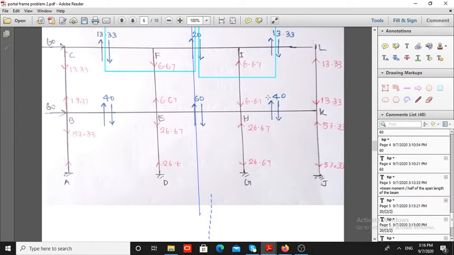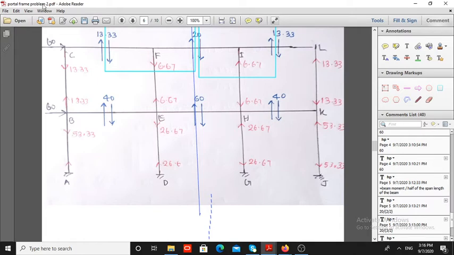Similarly, we can find that the axial force value in the first floor is greater than that of the second floor. Okay, so the axial force value is increasing as it comes down. So in the first floor it is maximum.